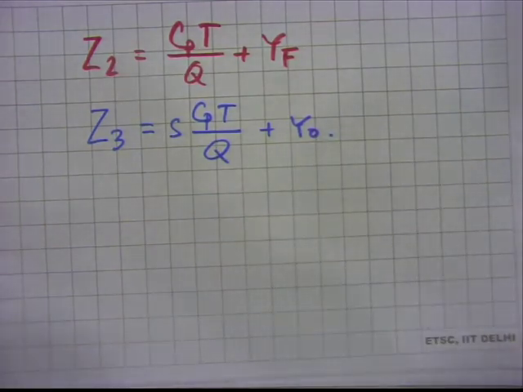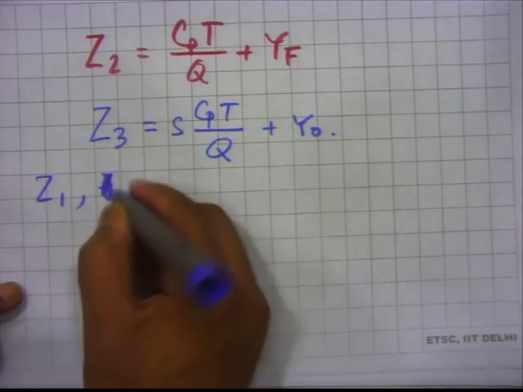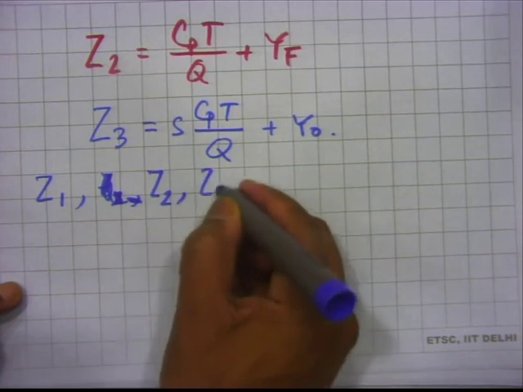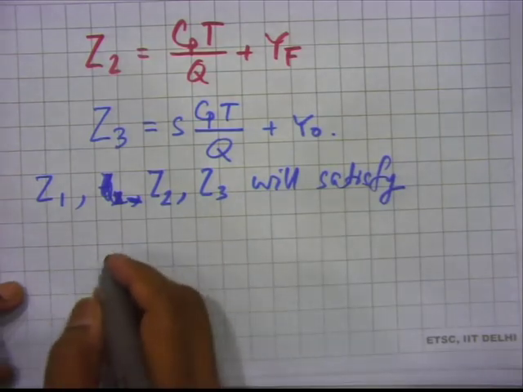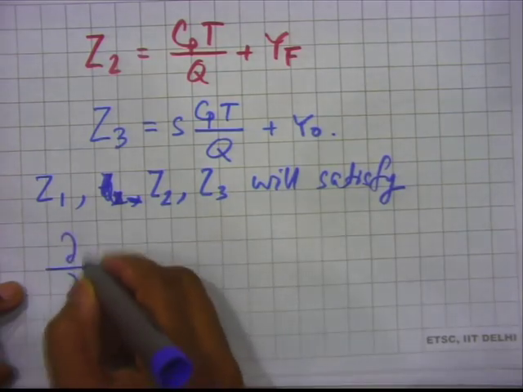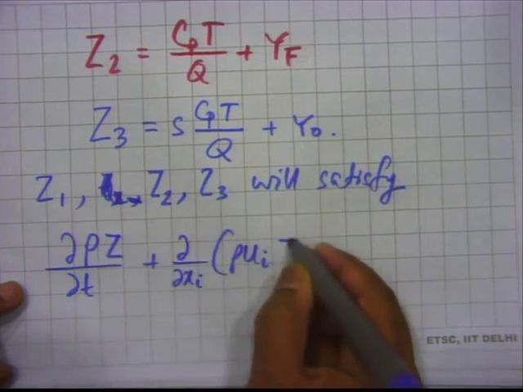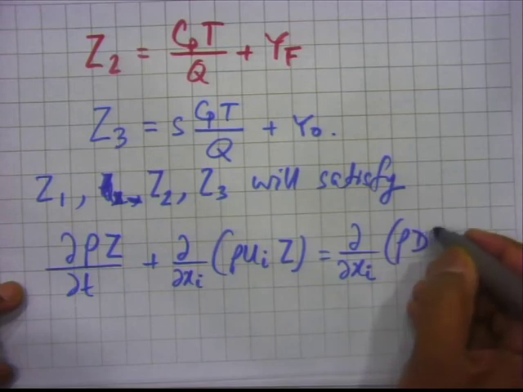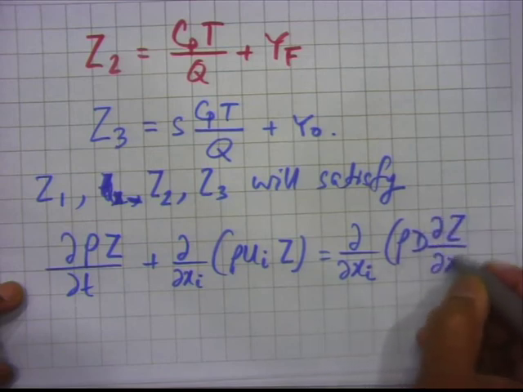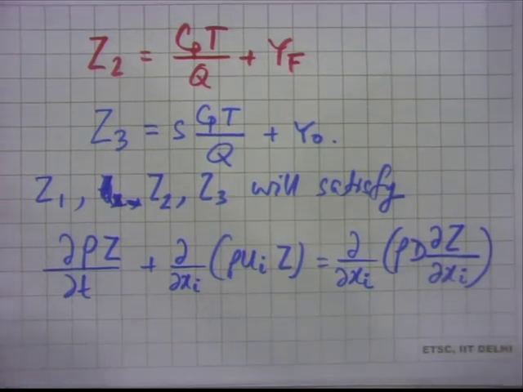These are also conserved scalars, because all these conserved scalars will satisfy Z1, Z2, Z3 equations.